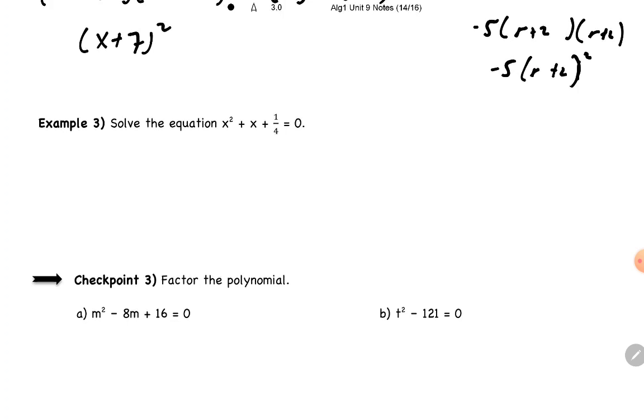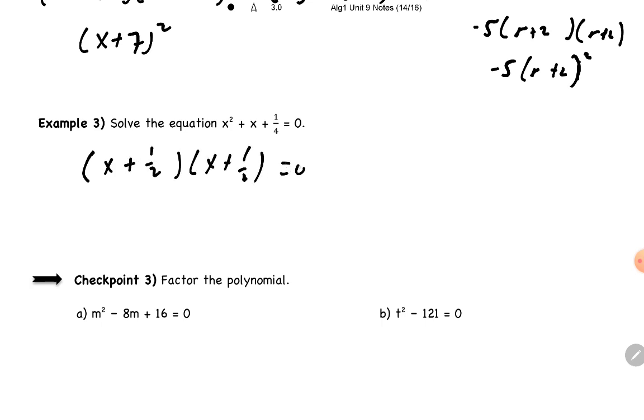Okay, let's solve an equation here. Oh, there's a pesky fraction now. But this secretly follows a format. We just take the square root of 1 over 4, x plus 1/2, x plus 1/2.